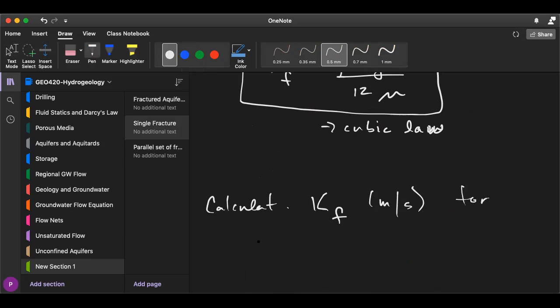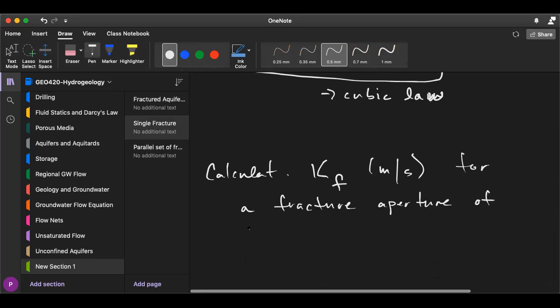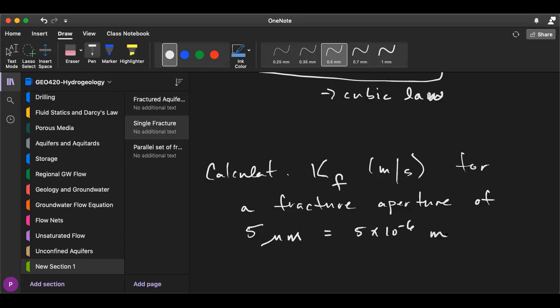for a fracture aperture of, we'll go 5 micrometers. Anybody know what a micrometer is? 5 times 10 to the negative 6 meters.